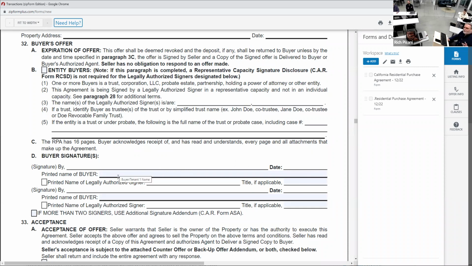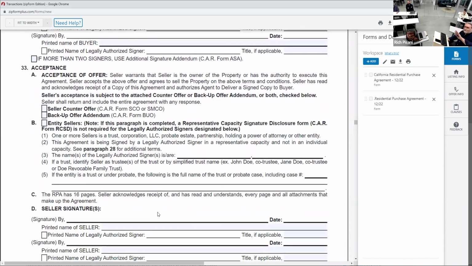Otherwise, if it's just a regular buyer, then John Doe. And then the seller has the option of just accepting, doing a counter offer, or if it's a backup offer, checking it's a backup offer. And once again, if the seller is an entity, then you fill this out exactly as you did above.